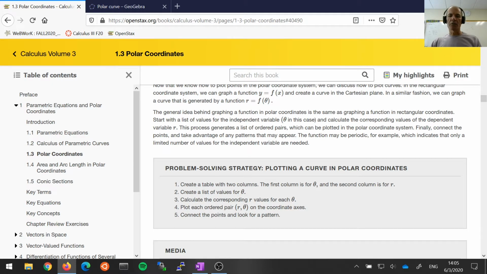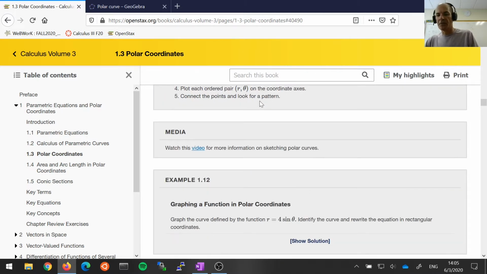Whether a curve is expressed as r equals f of theta or y equals f of x, it's the same curve, just different coordinates. So if you can convert from polar to Cartesian and plot, then you've successfully plotted the polar curve. They're the same.